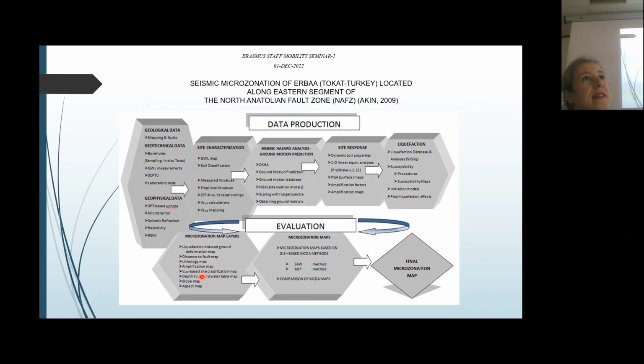With these maps, we had the data and the interpretation, and then we decided that I should work on a system for multiple criteria decision analysis. Within this, we give importance to the different layers and divide into zones, so that it is easier to get the final microzonation map.